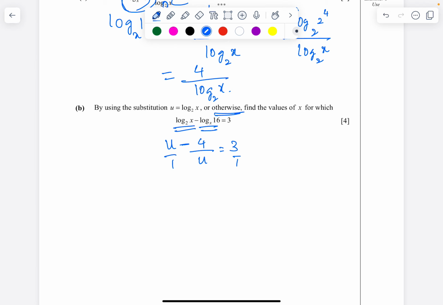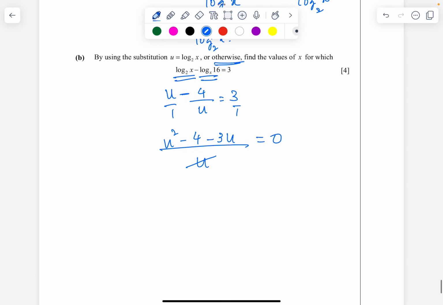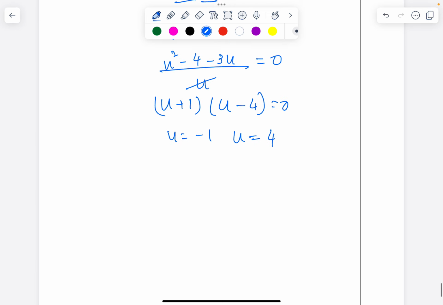Now I am making common denominator. This gives me u squared minus 4 minus 3u equal to 0. So the denominator is gone. Factorize this: u plus 1 times u minus 4, u equals negative 1 and u equals 4. But what is u? U equals log base 2 of x.